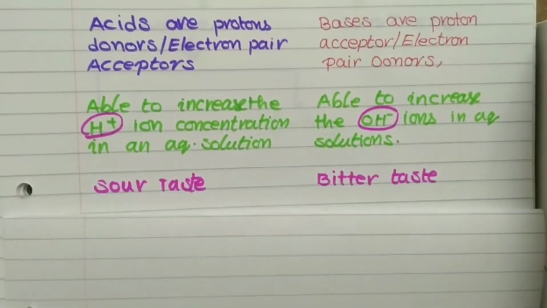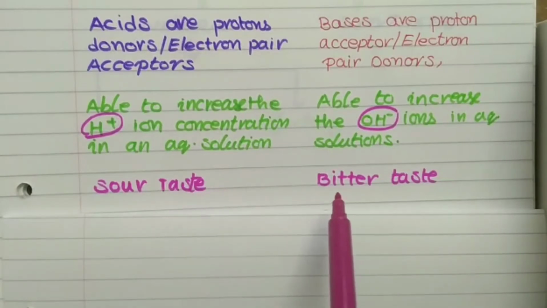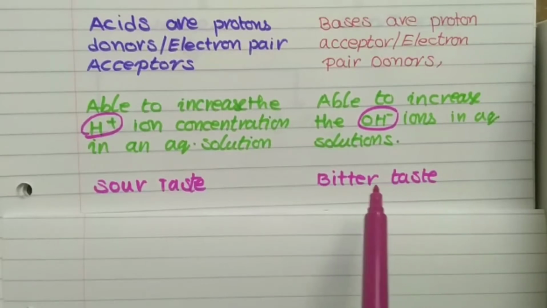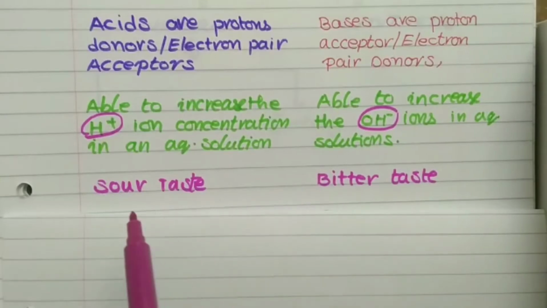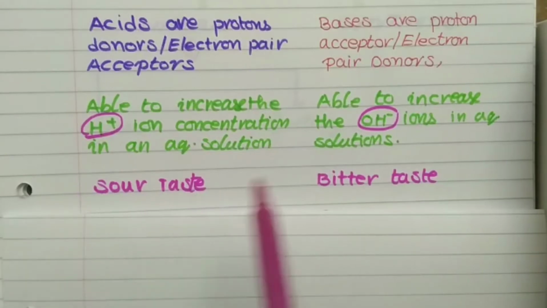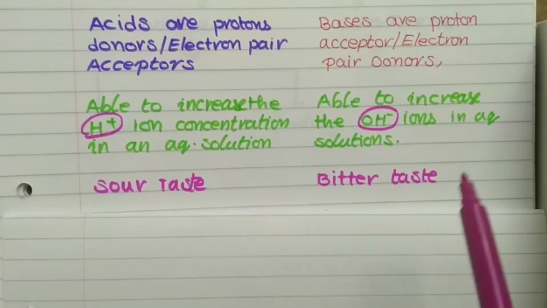Let's see what the taste of acids is. Acids have a sour taste, and bases have a bitter taste. For example, natural acids and natural bases can be identified by taste. Acids are sour, and basic substances are bitter.